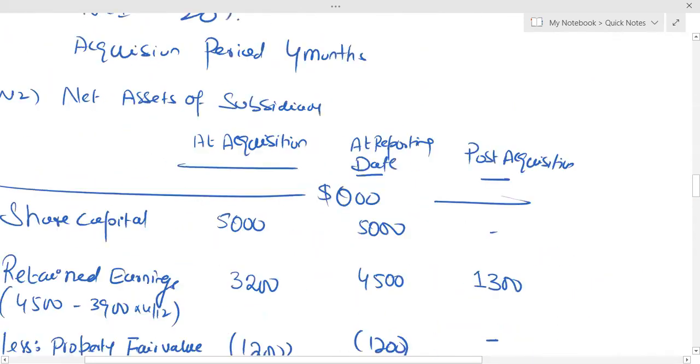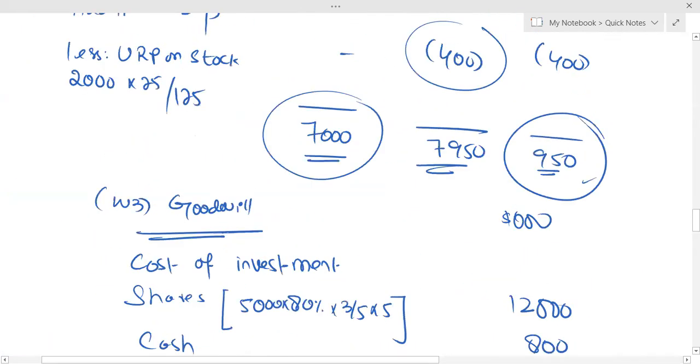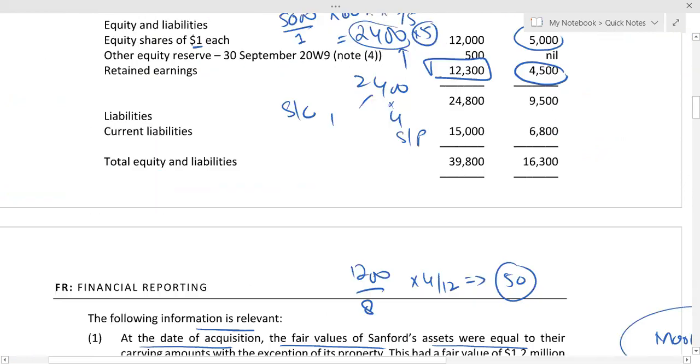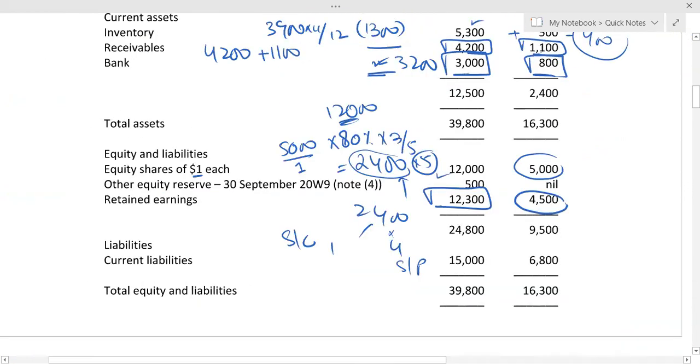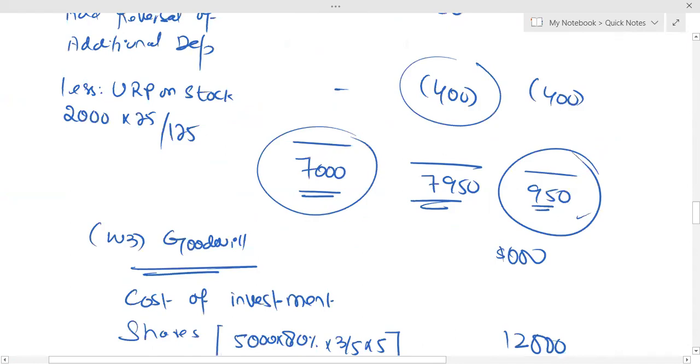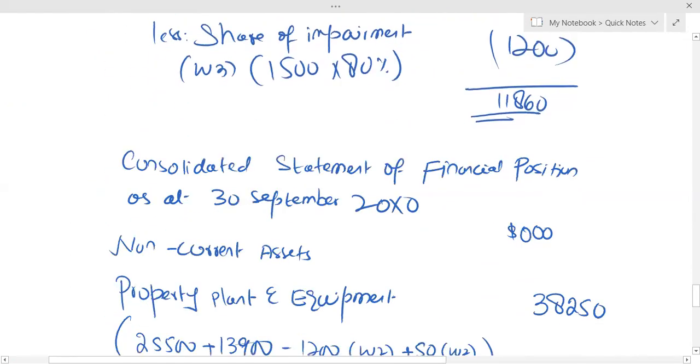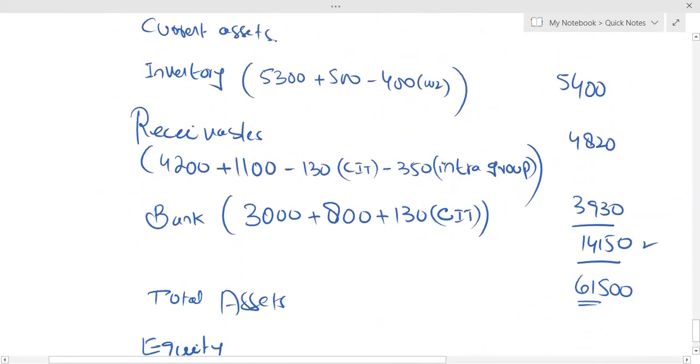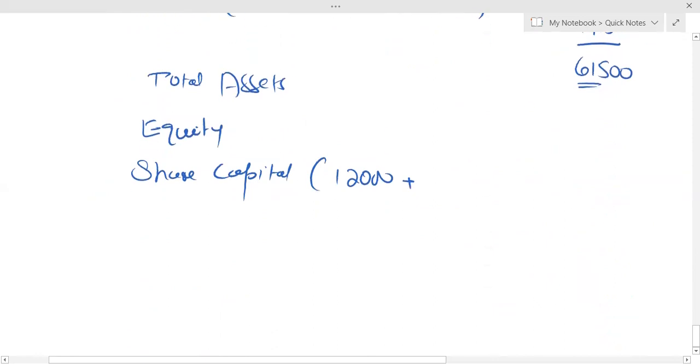And already share capital of parent, you can see that it is 12,000. So that is 2,400. And let me show you the working. 5,000 shares into 80%. 3 by 5 into $1.